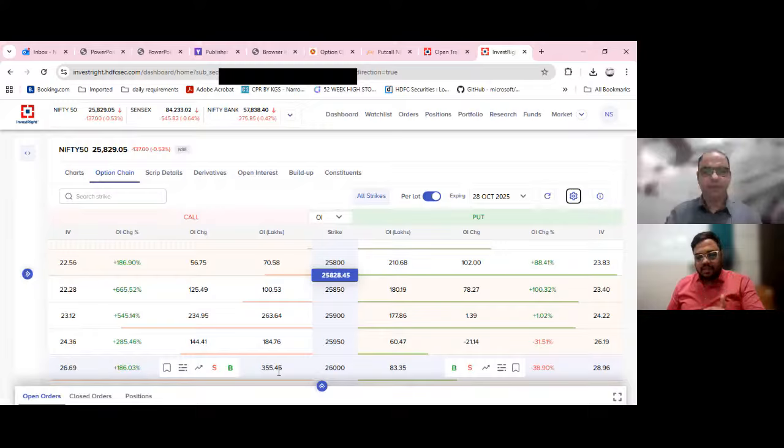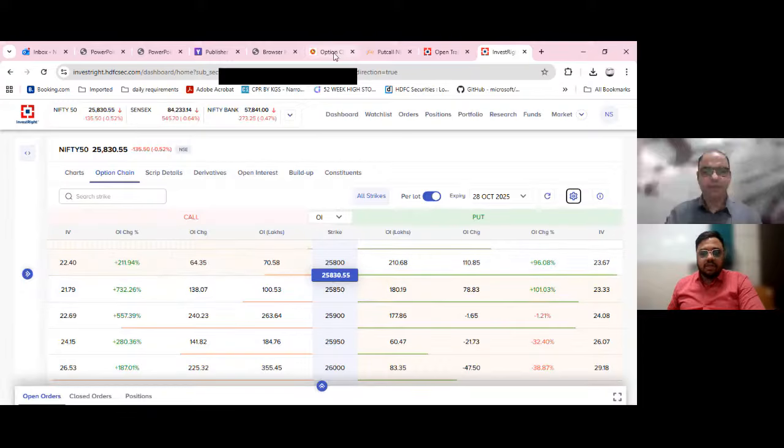Whenever it comes near that level and starts to show a sign that market is bouncing from that level, we can create a good long position near that level, and the target will definitely be 25,900 and 26,000 level, which is also derived from the open interest data, meaning call writers are writing at that level. So these levels can be used in that way.